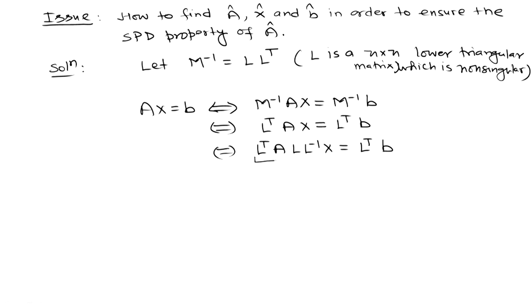Now, take this matrix L transpose A L as your A cap, take L inverse x as your new variable x cap, and take L transpose b as b cap. If you choose A cap, x cap and b cap in this way, then we can ensure the symmetric and positive definiteness of matrix A cap.